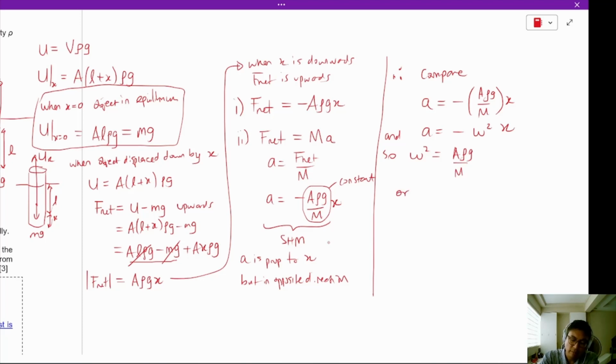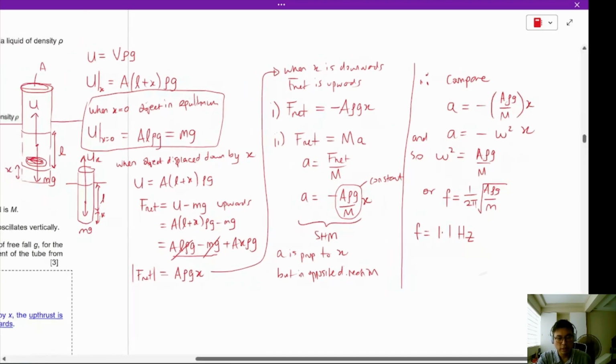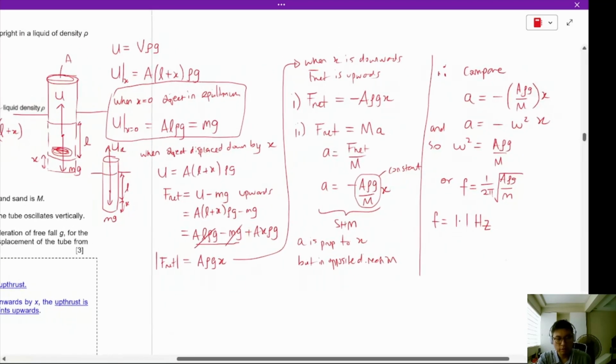Okay, we can get the frequency, we'll do some math here, which is 1 over 2 pi times the square root of A rho g over m. Let's fill in all the values. You should get a frequency of 1.1 Hertz. Okay, so this is the complete solution for the question.